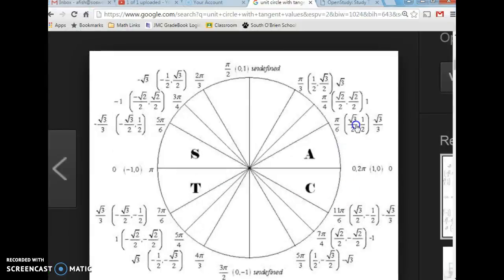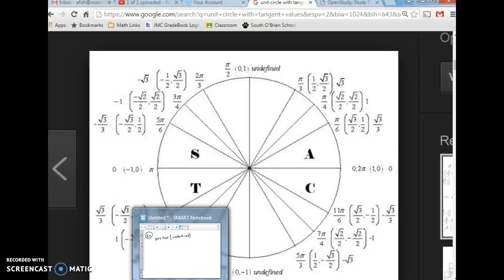So if I look here at my unit circle, in case you're wondering, the tangent values are on the complete outside. Okay, so I'm looking for values in which tangent is undefined. So if I look here, I've got a value here, and I've got a value here. So if I'm looking for the radian measure, I know it's pi over 2 and 3 pi over 2.